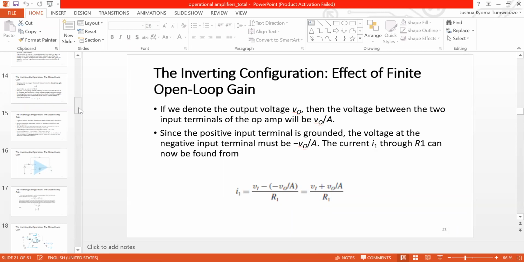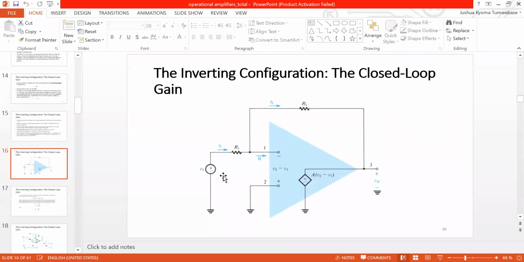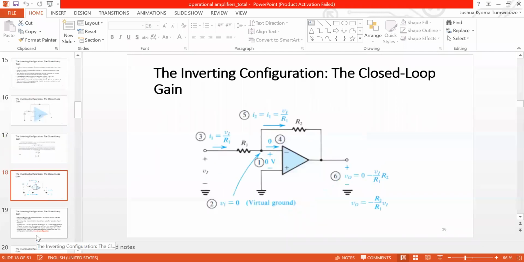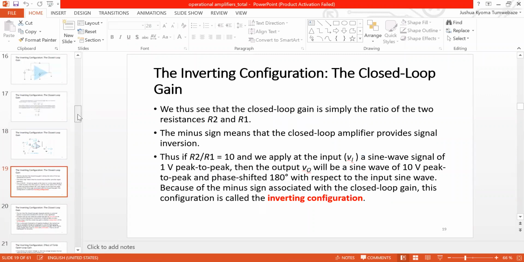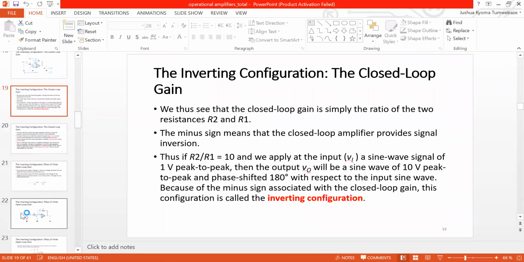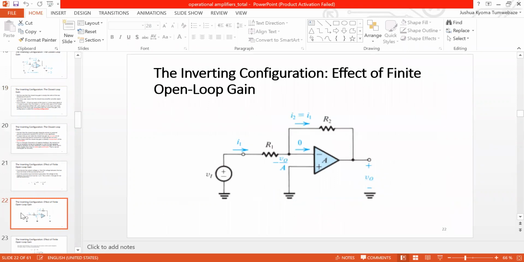So the voltage at the inverting input terminal is V0 over A. Going back to this circuit, which we can analyze, here, slide 22.